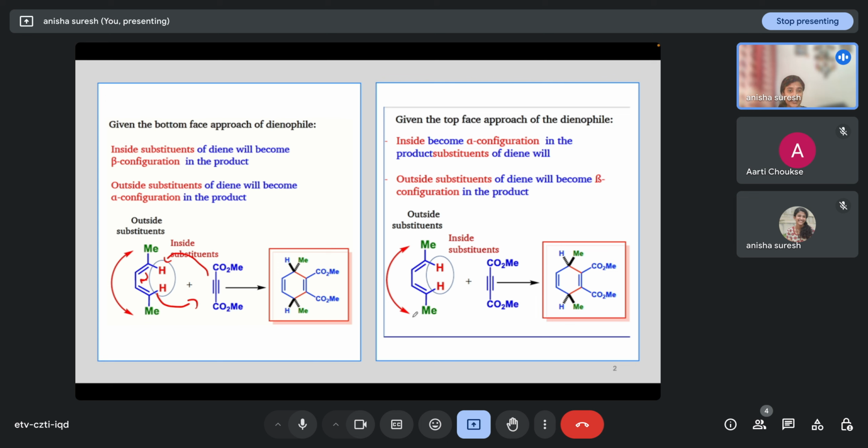Okay, so the bottom face approach and the top face approach are both possible. So the final outcome can be a racemic mixture of both of these.